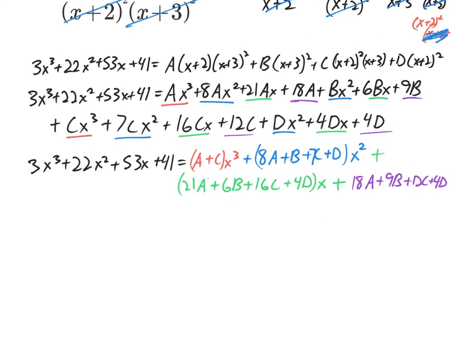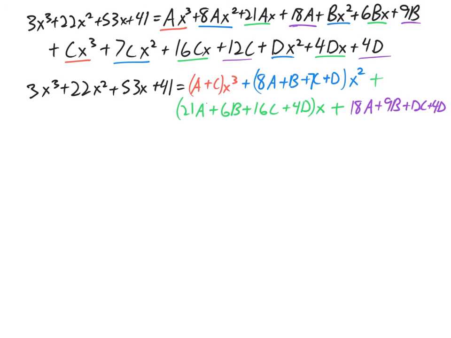Now what I'm going to do is turn this into a system of equations. If you look here, A plus C times x cubed needs to equal 3x cubed. So A plus C needs to equal 3. And then the next piece, all of this needs to equal 22.